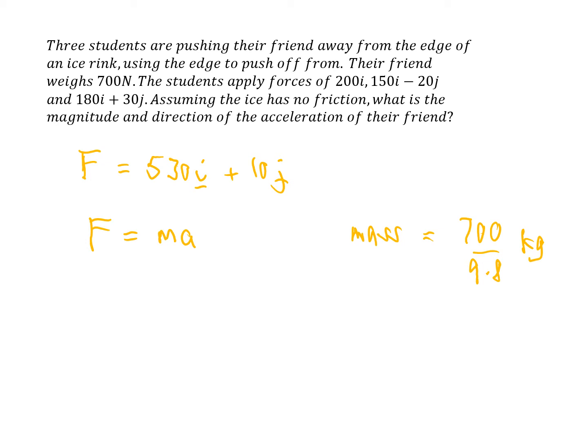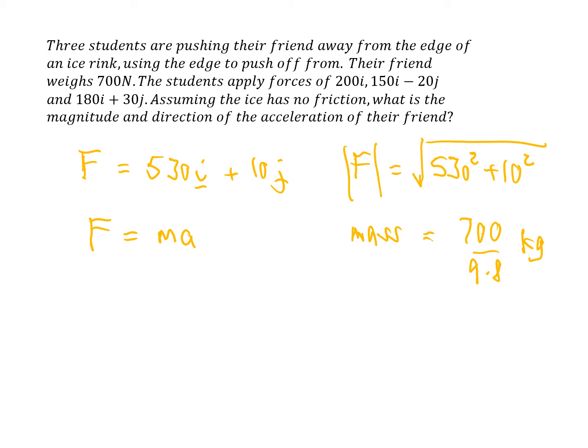Right. Now, because I'm only interested in the magnitude of the acceleration, I only need the magnitude of the resultant force. So how do we calculate that? That's using Pythagoras: the square root of 530 squared plus 10 squared.